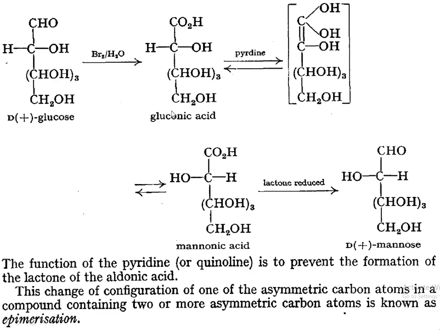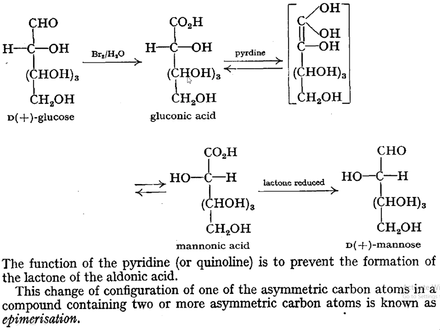The reason to add pyridine is that we are preventing the formation of the lactone of the aldonic acid. So, first of all, convert glucose to gluconic acid with the help of bromine and water, and then add pyridine to prevent the formation of lactone.